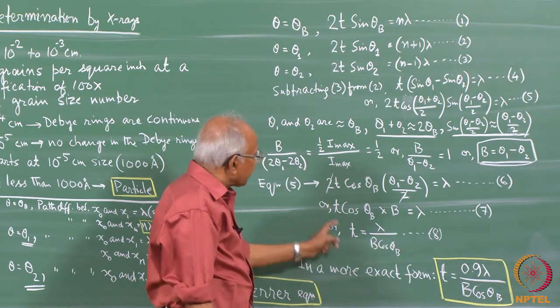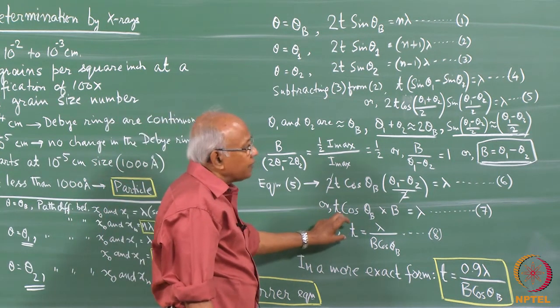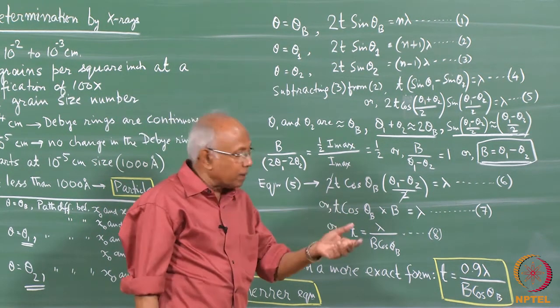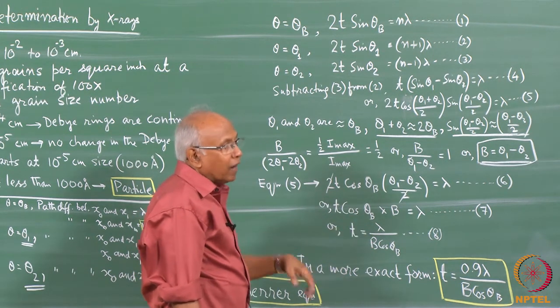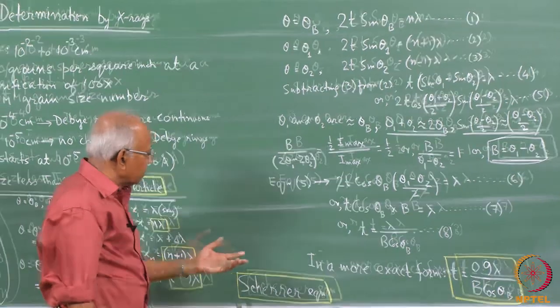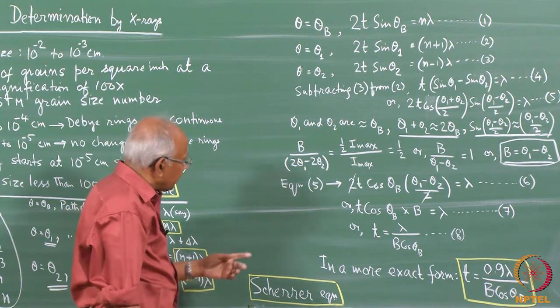This is a very important relationship. T, the thickness of the crystal, or we can call it the particle size of the crystal, is given in terms of lambda, the wavelength that we have used for taking the pinhole photograph or the Debye photograph.